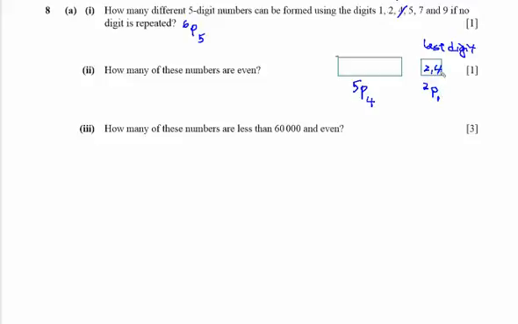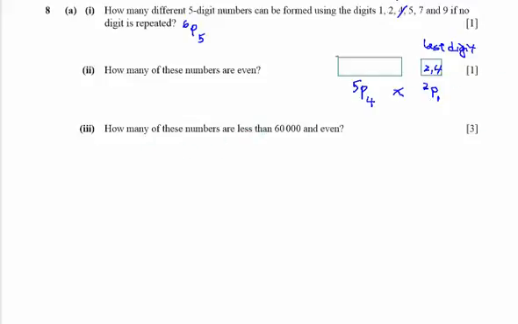Out of the two, you select one, and you cannot arrange one. So 2P1 or 2C1 is the same thing. So if you do it that way, it's 5P4 times 2P1. Or you can do 2 and 4 individually also.